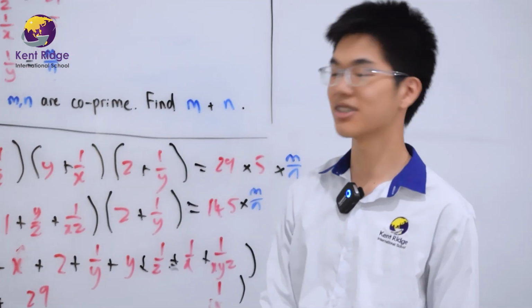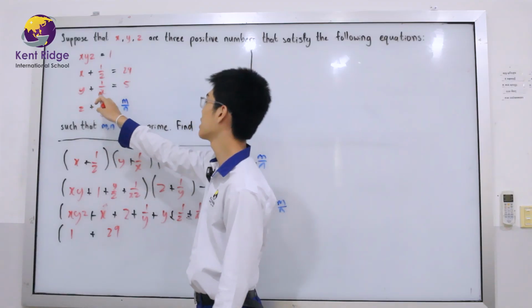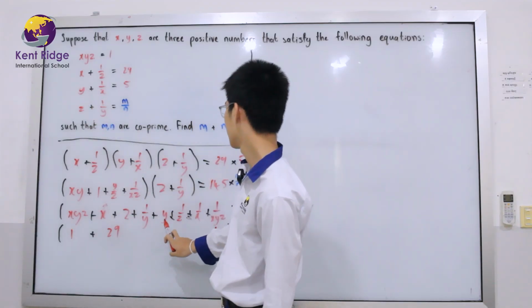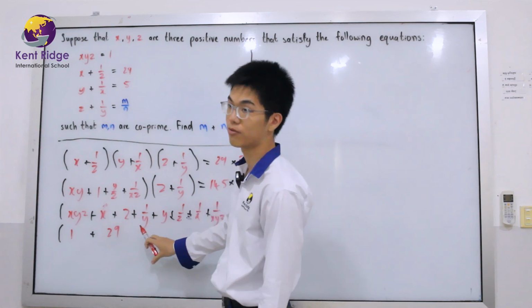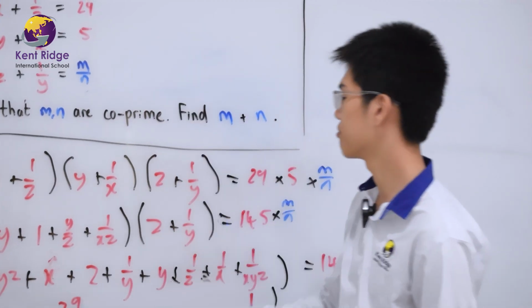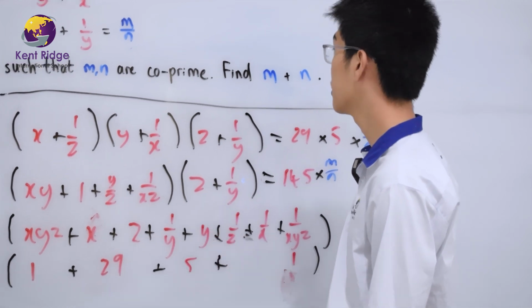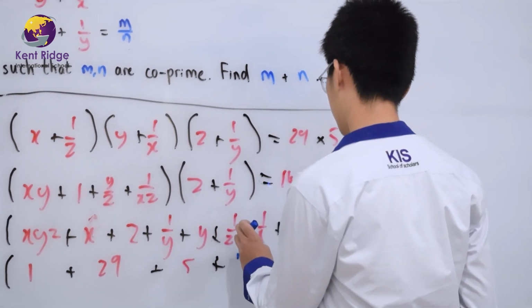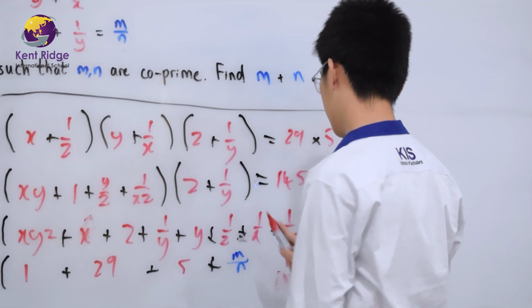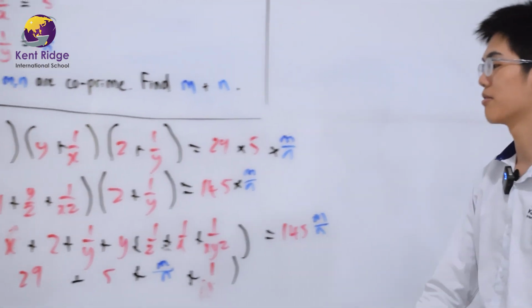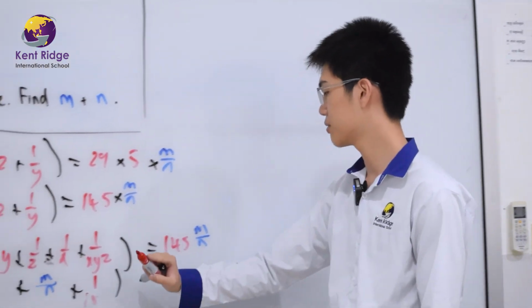We do the same thing for the other two: y plus 1 over x, and z plus 1 over y. So plus 5, and plus m over n, plus 1. Then we just write this part in.